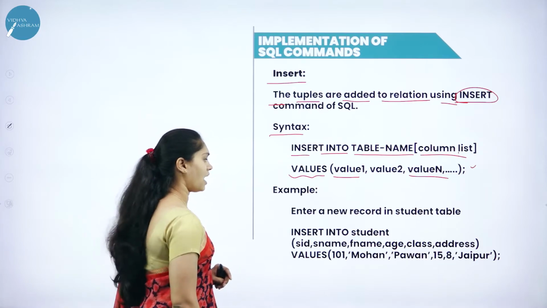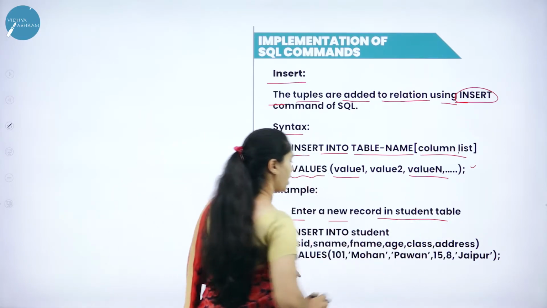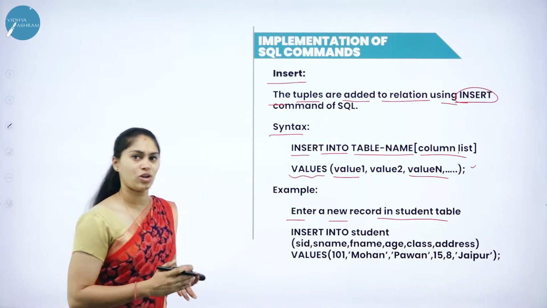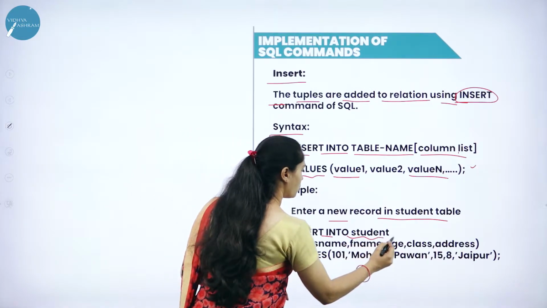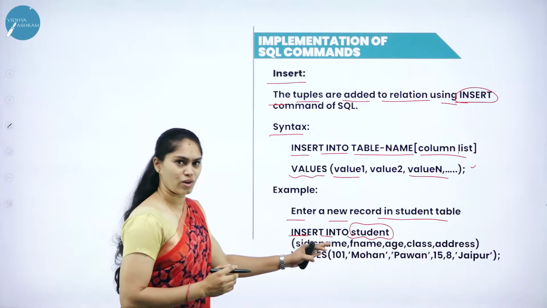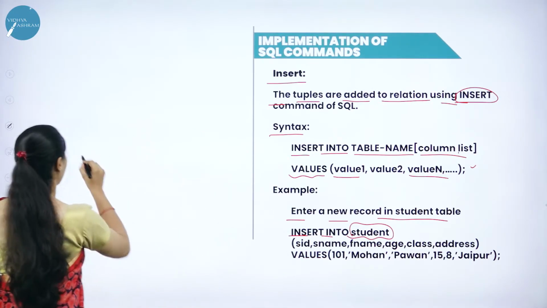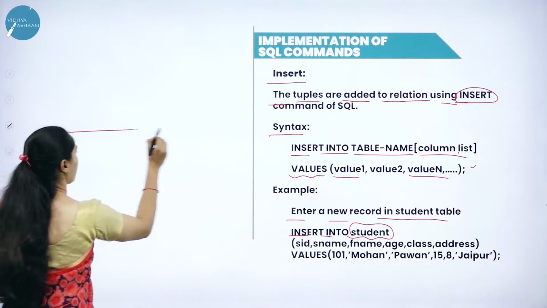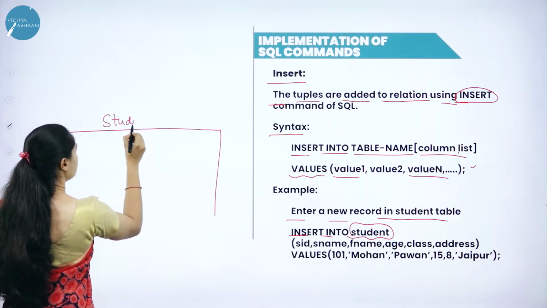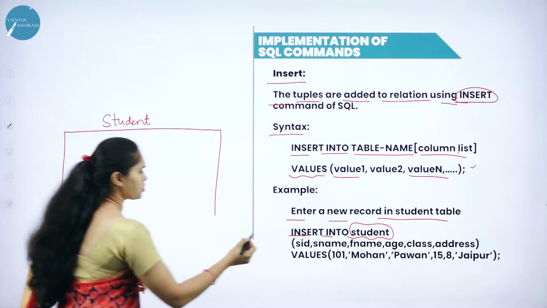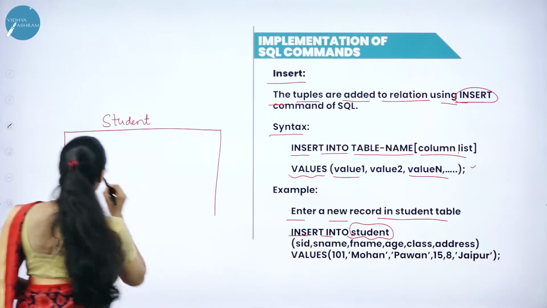So here you can see that enter a new record in a student table. Already we got to know what we have in a student table. Consider here, insert into student. What is the table name here? Student. Let me write the content of this table. Consider I have a student table, right? What is the name of a table here? Student. Insert into student. What we have? We have a student ID.